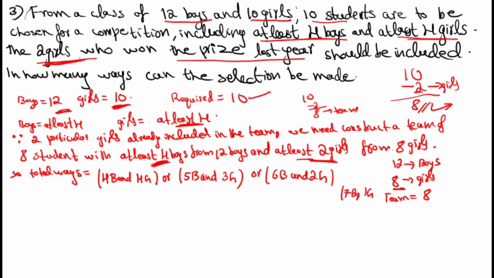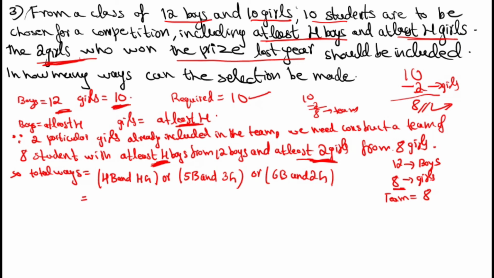Okay, but see, total number is equal to 8 you are getting, but condition is at least 2 girls, right? Minimum number of girls is equal to 2, but here only 1 girl is there. Okay, so this condition is not possible. Possibilities are 4 boys and 4 girls, or 5 boys and 3 girls, or 6 boys and 2 girls. Okay, now it's equal to, write it in the combination notation, 4 boys.